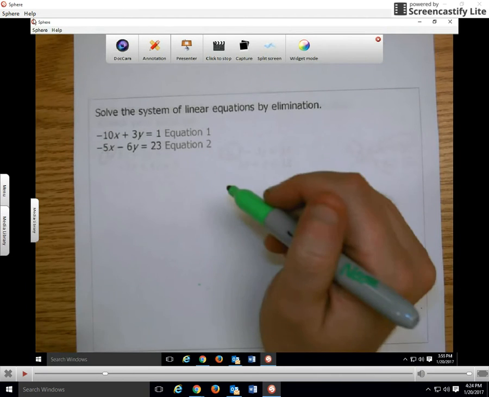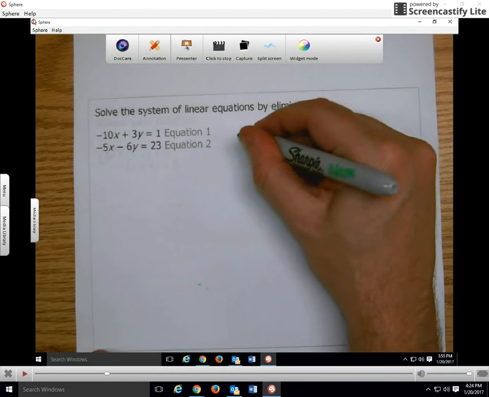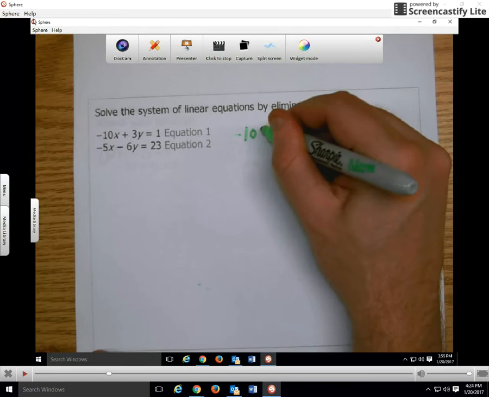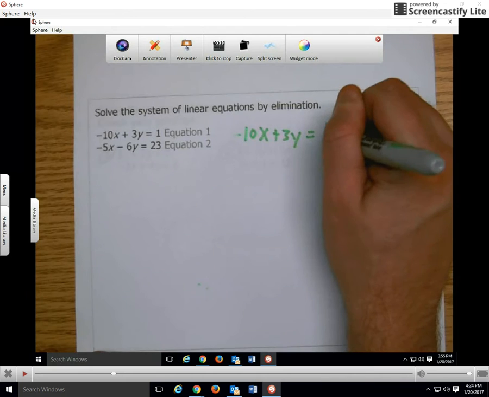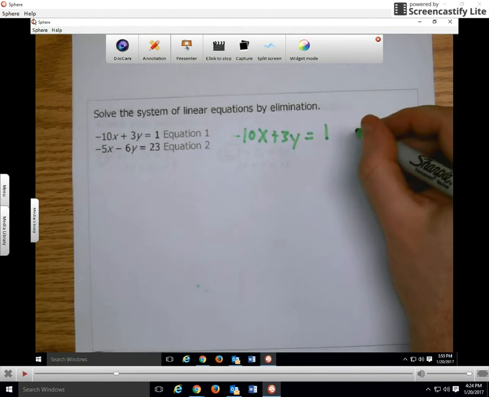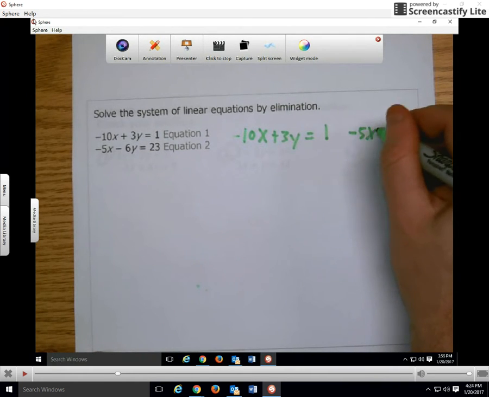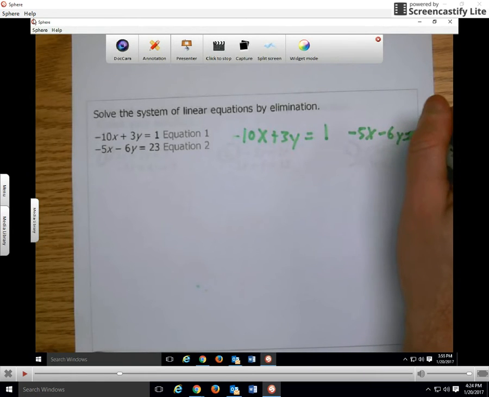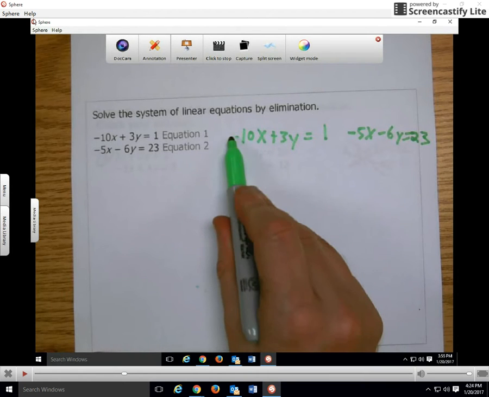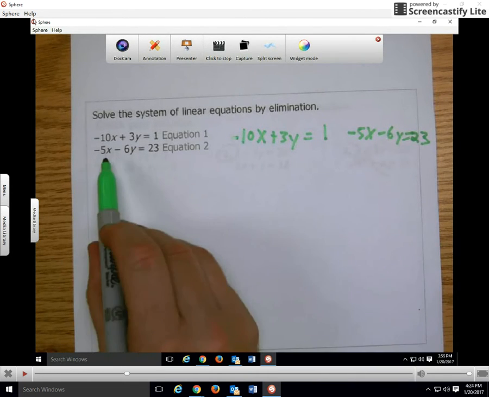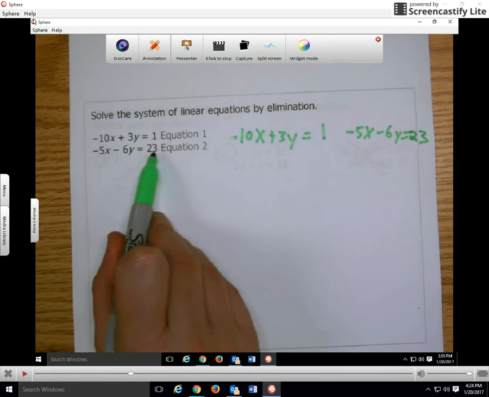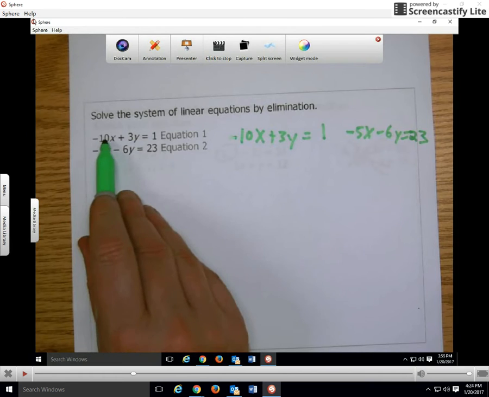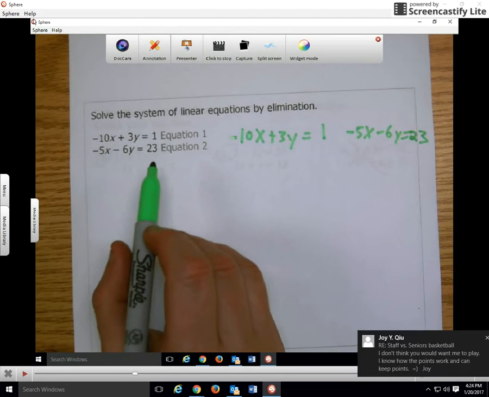Okay, let's go ahead and do this. So I'm going to rewrite this here just so I have a little more wiggle room. And I'll rewrite the other one next to it. Running out of room there. Okay, and now looking at these equations, if I multiply this bottom equation by a number, or this top one by a number, it can help it be the opposite.